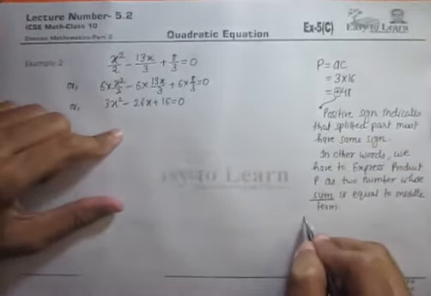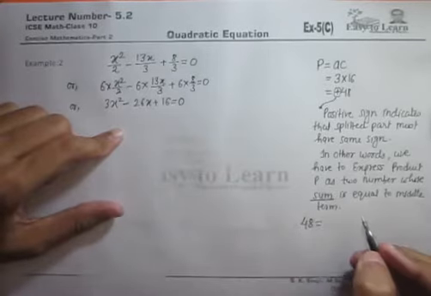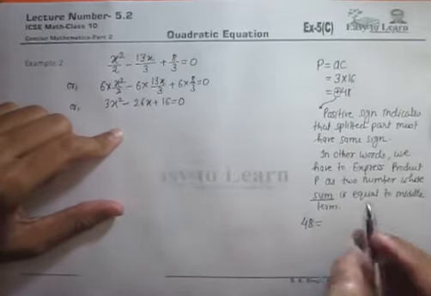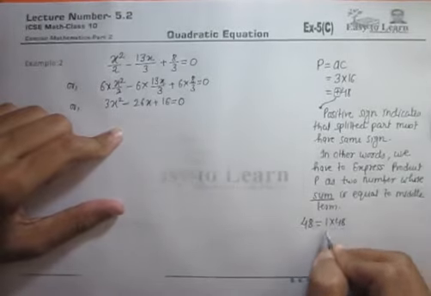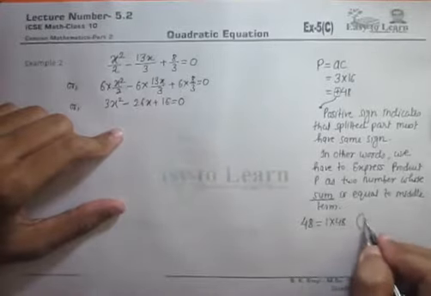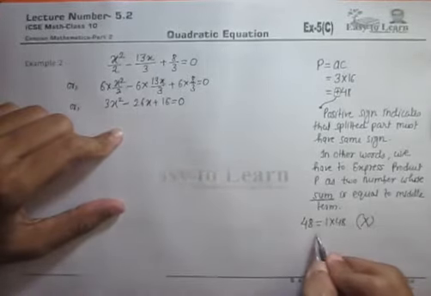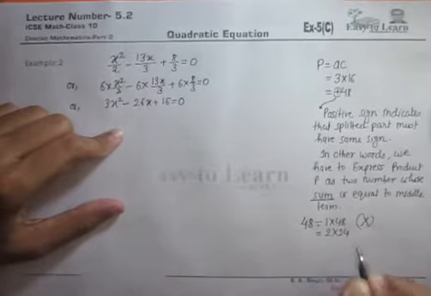It means we have to express 48 as a product of two numbers whose sum must be equal to 26. So it can be written as 1 into 48. Here the sum is 49, which is not equal to 26, so this is not possible. Now it can be written as 2 into 24.